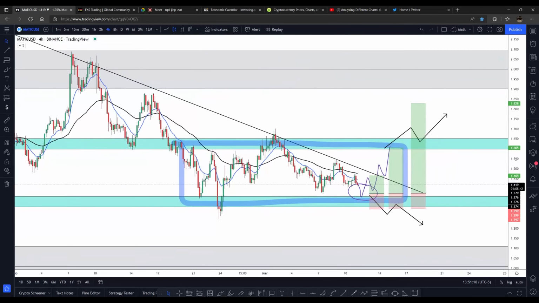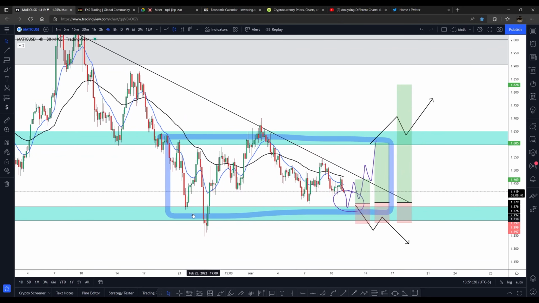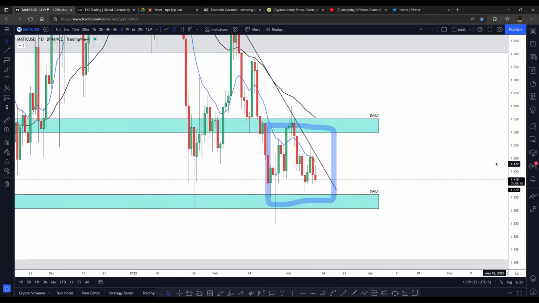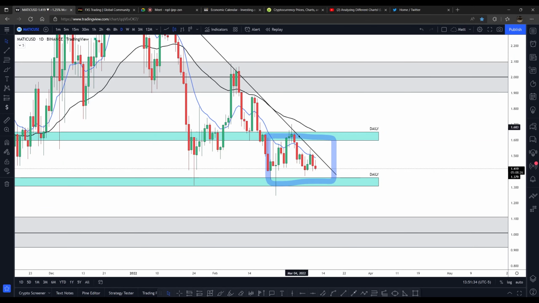Okay, so because we've been continually rejecting this range, I know that the market structure is simply moving sideways, right? So the market structure is being respected on the 4 hour or on the daily chart because we haven't significantly broken and retested and continued trading above any of these zones for quite some time, right?